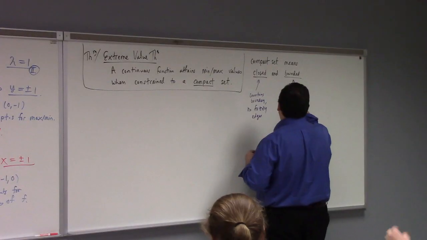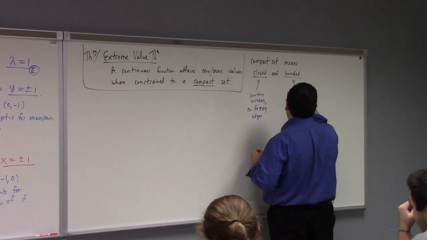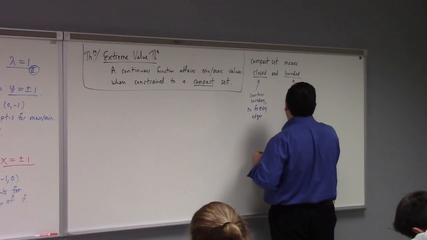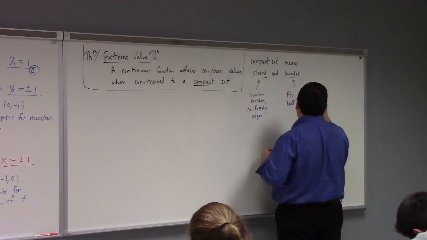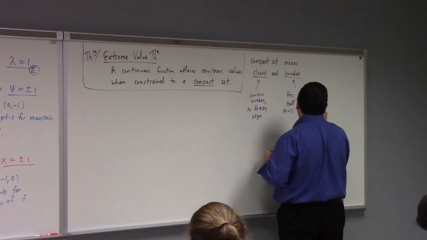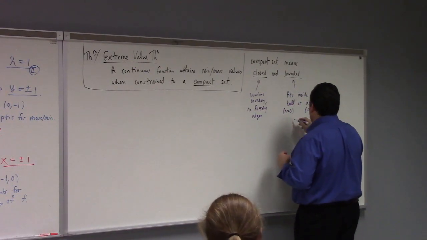Bounded means that you can fit inside a ball or disk, sufficiently large. This is n equals 3. Here's n equals 2.